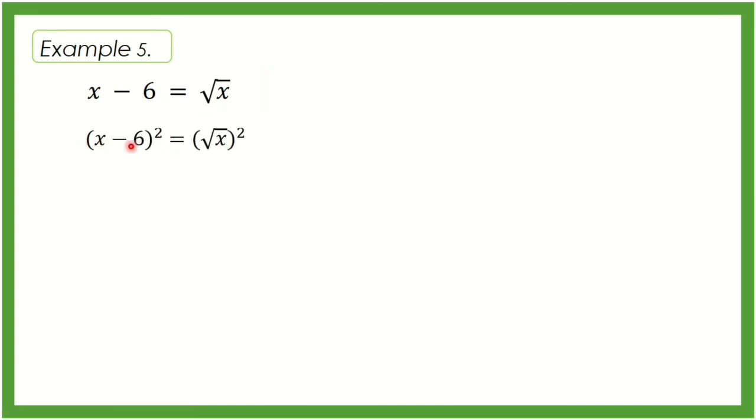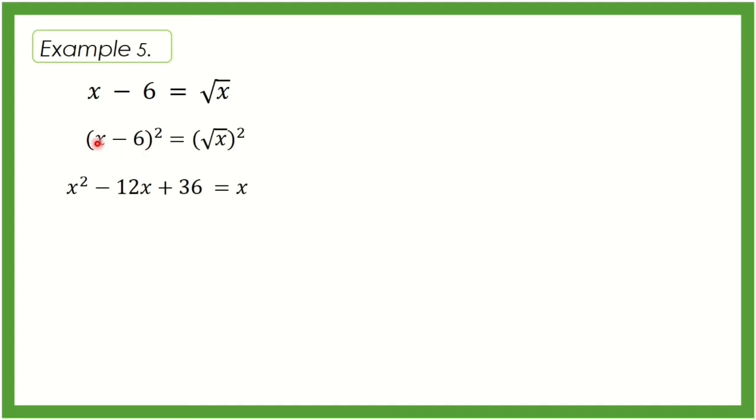We have square of x minus 6 equals the square of square root of x. Ang square of x minus 6 ay square ng binomial. Pwede nating gamitin yung FOIL method or pwede nating i-apply yung square ng first term and then ito twice natin yung product ng first at saka last term.